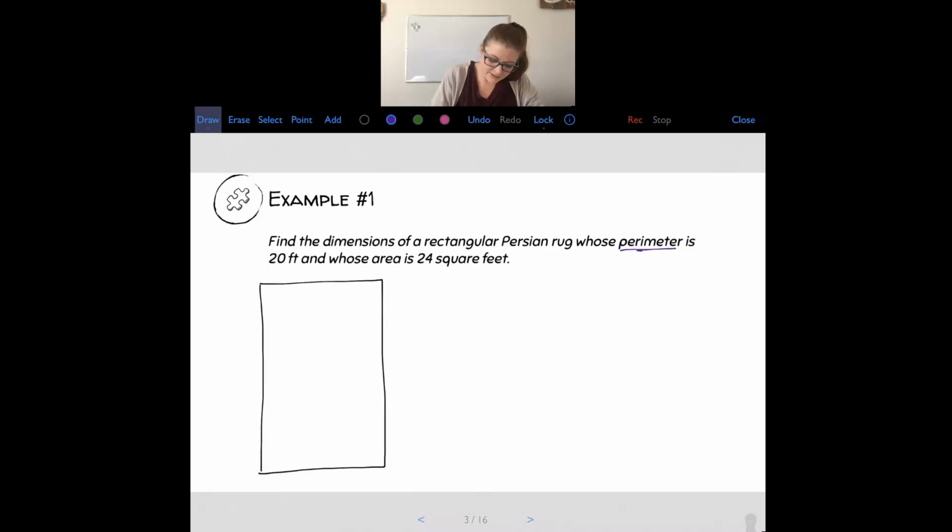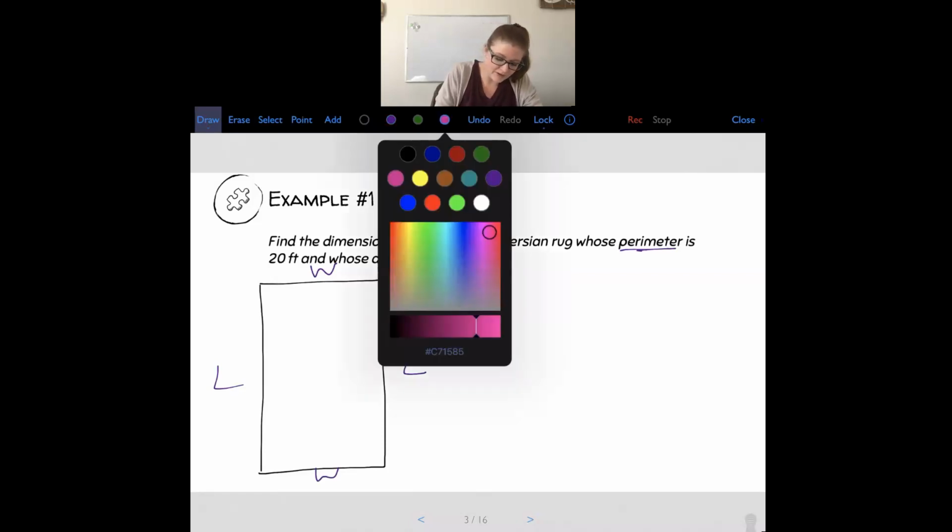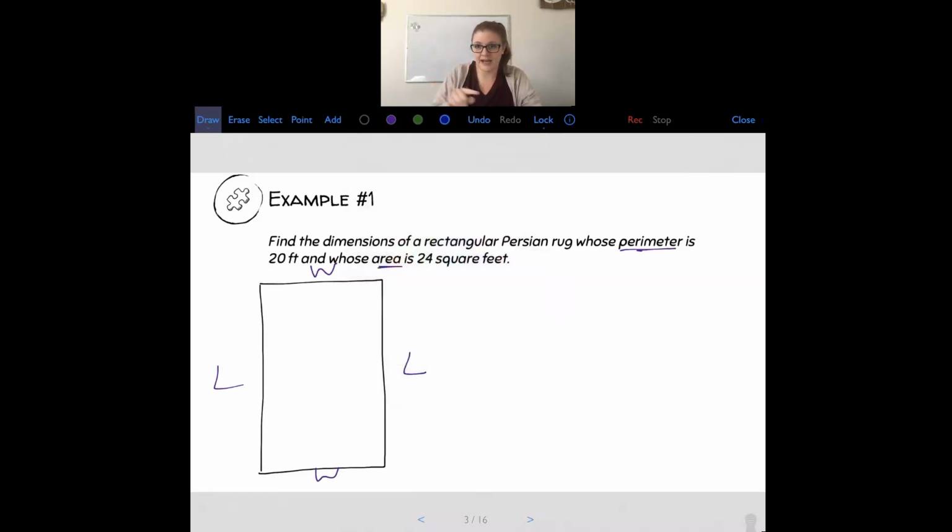When we're being asked to find the dimensions, usually we talk about the dimensions of a rectangle in terms of length and width. So we have width, length, length. First let's deal with perimeter. The perimeter is when you add up all of the sides, going around the outside, and we are given that that's 20 feet.